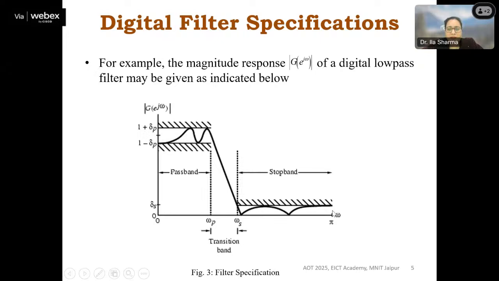It again has some ripples, denoted as del S, the stop band ripple. And this transition band is not an abrupt transition, it is slanted. So these are the differences between the ideal filter and a designed filter.